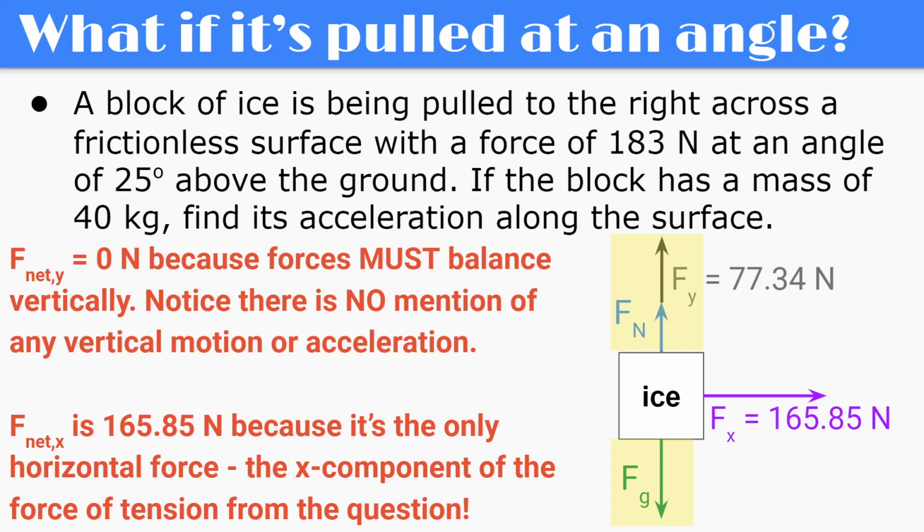It adds in like 3 extra steps. That's why I said if there's friction here, it is more work. We're going to do the easier one first without friction. But yes, I would solve for the y component. In this case, we don't have to, but I would do it for sure if there's friction. Or if the question asks you for the normal force, you would have to as well.